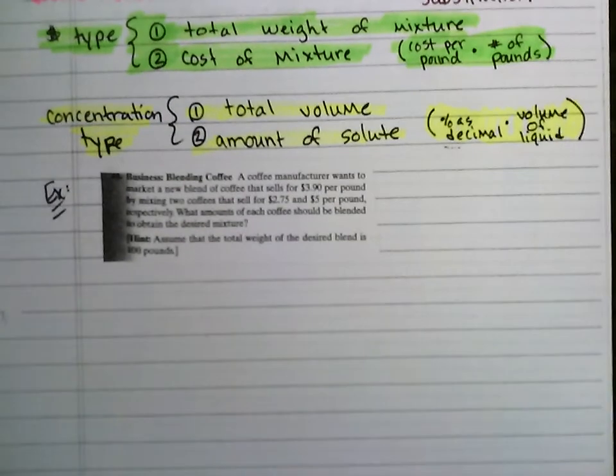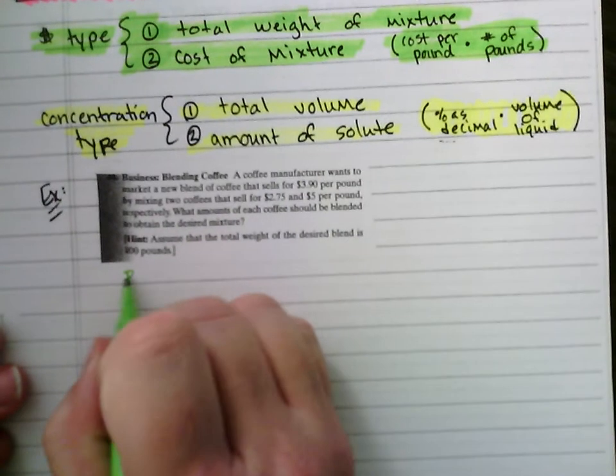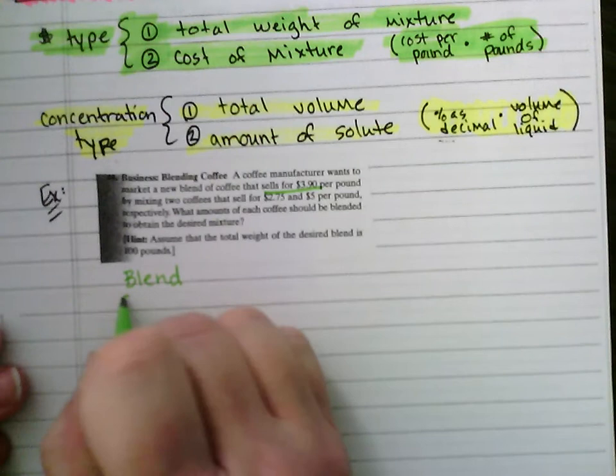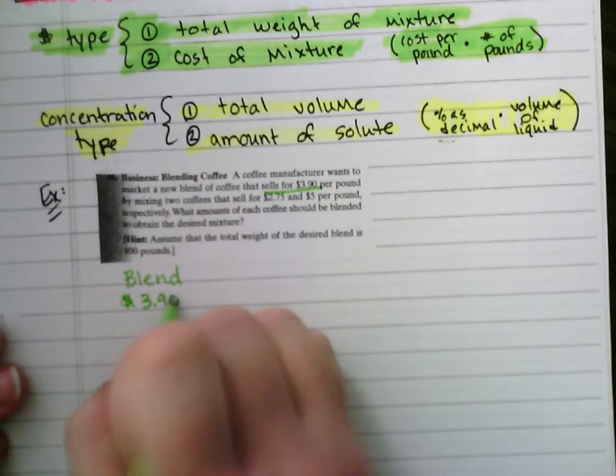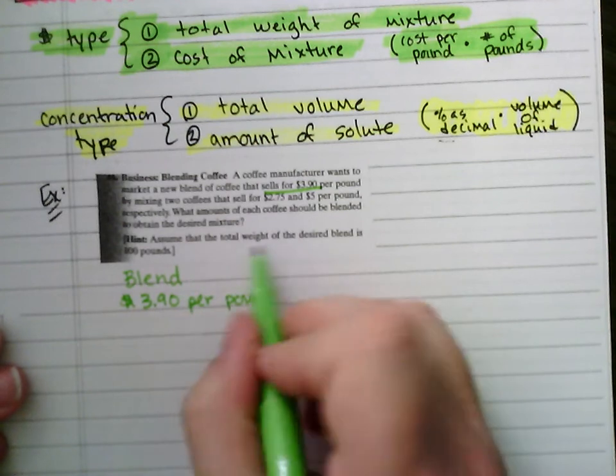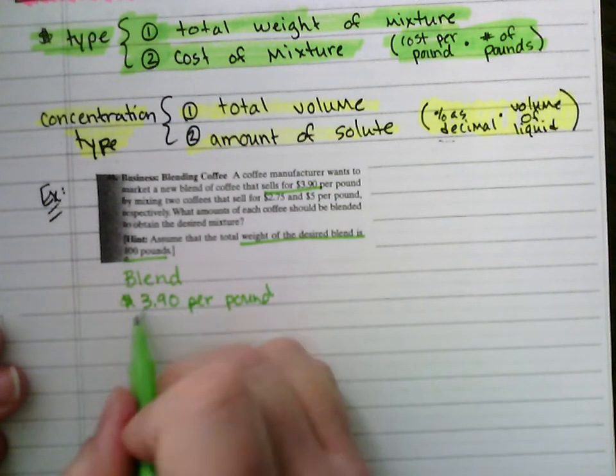So we've got a blend of coffee that's going to sell for $3.90 per pound. And we're going to have 100 pounds of it.